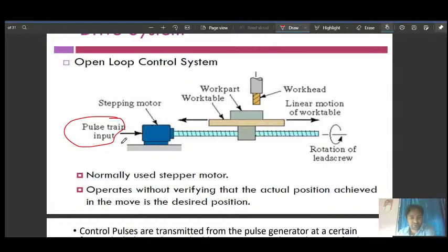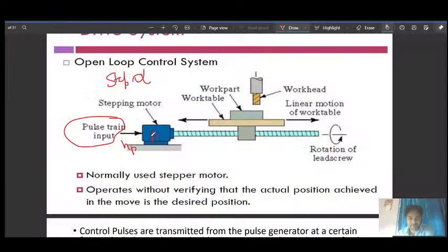So if NP pulses are supplied and the step angle is alpha, the angle rotated by the motor is AM, and we have this gear reduction mechanism and then the lead screw. So we get the x angle rotation of the lead screw, AS.